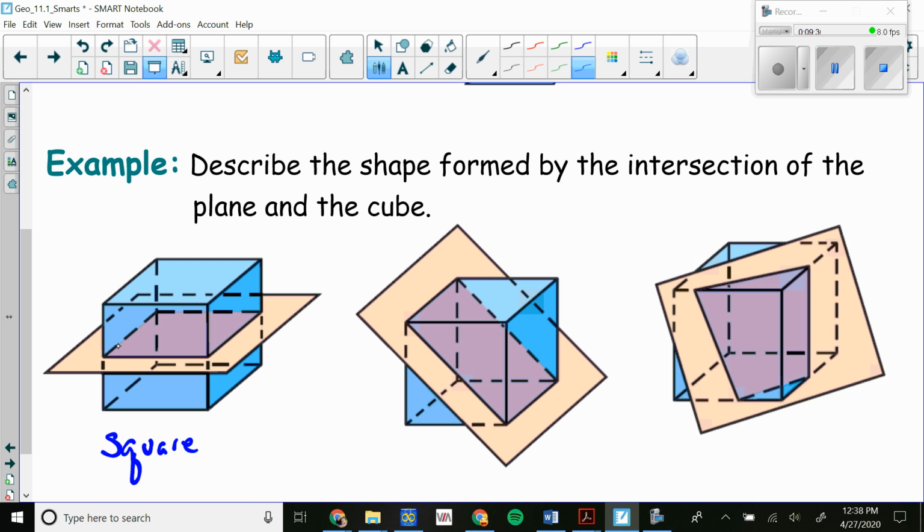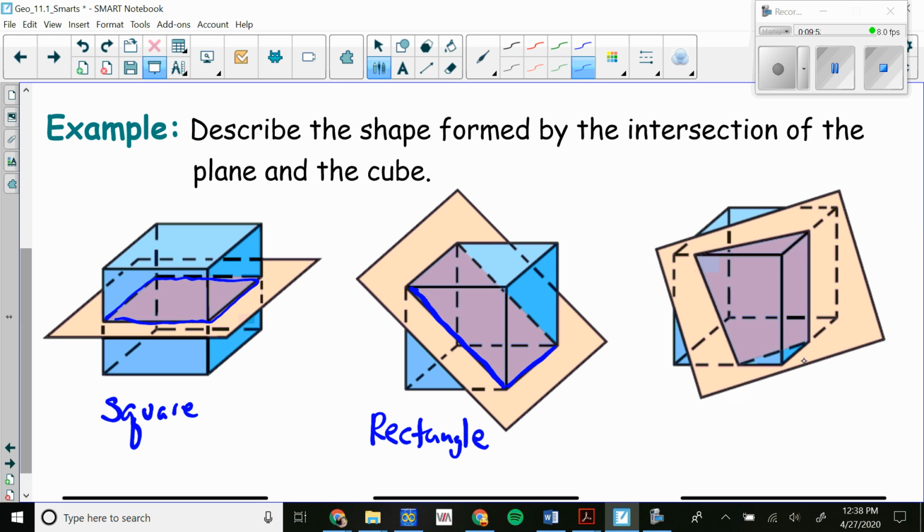So what we're trying to describe is like this shape right here. That'd be a square. If it cuts it the long way, that's going to be a rectangle. Okay, this is definitely longer than that, and we know that. We could use the Pythagorean theorem and figure that out if you wanted to. Okay, if it were to cut it this way, here the bottom is going to be shorter than the top.